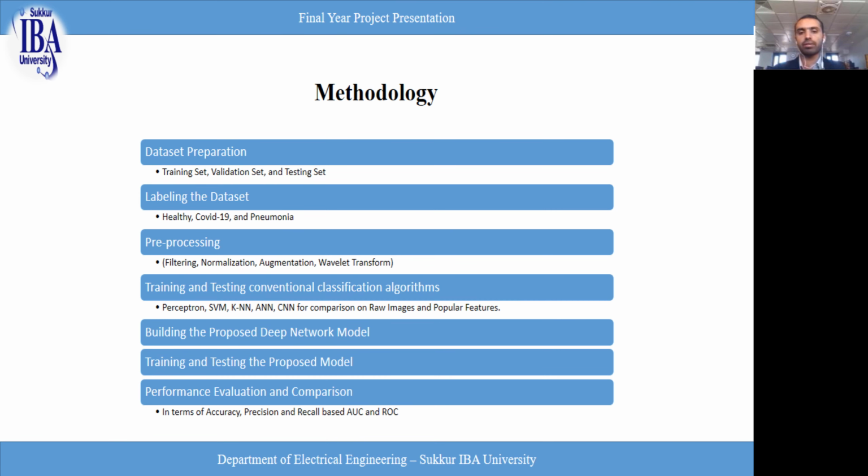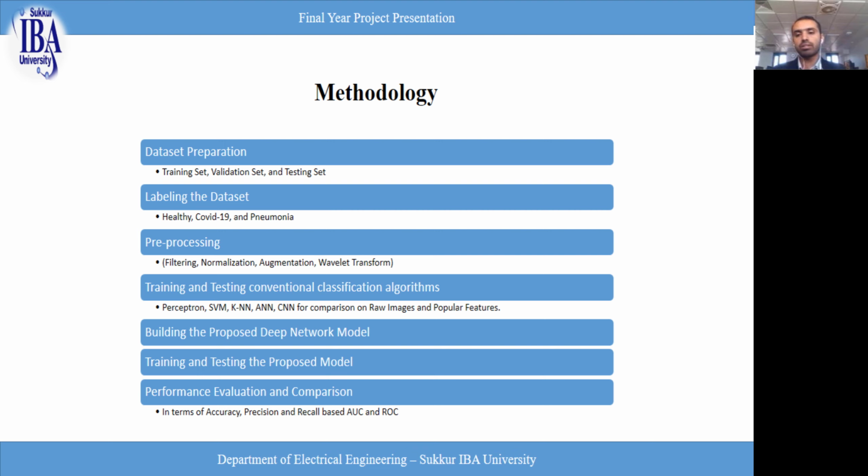Our methodology is, first of all, we will prepare the data set, and we will divide it into 3 sections: first the training set, second the validation set, and third the testing set. And the next step, we will label the data set, whether it is healthy, COVID-19, or viral pneumonia or pneumonia.